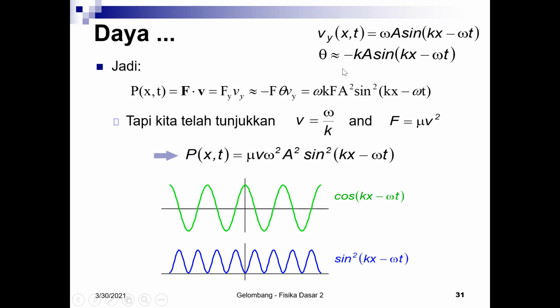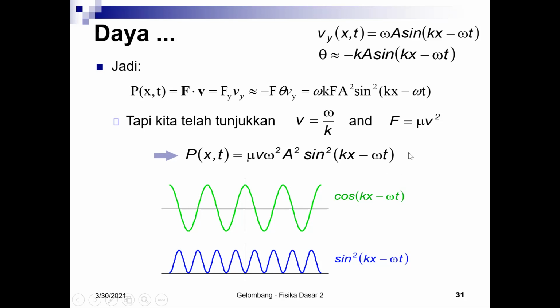We get this equation, and the speed of the wave propagation is omega over k. So P equals mu v omega squared A squared sin squared of (kx minus omega t).